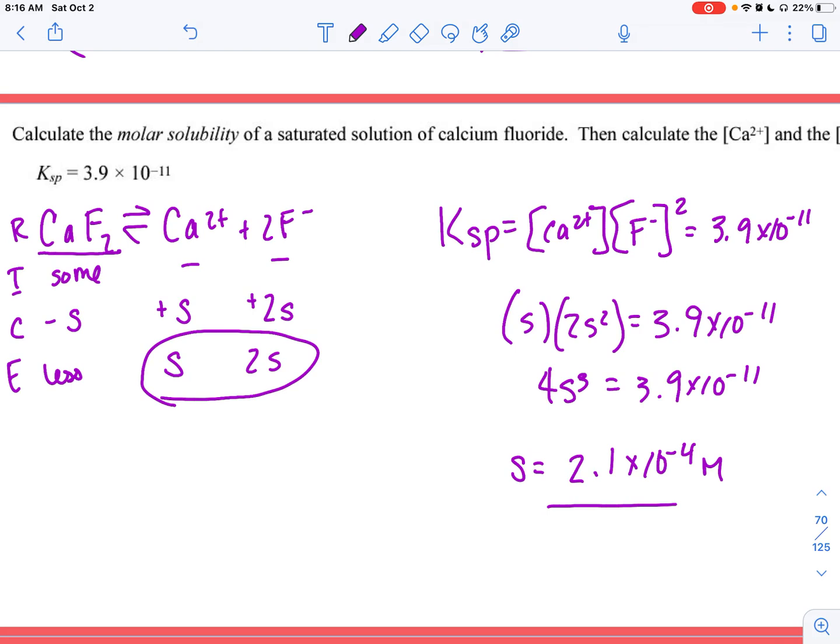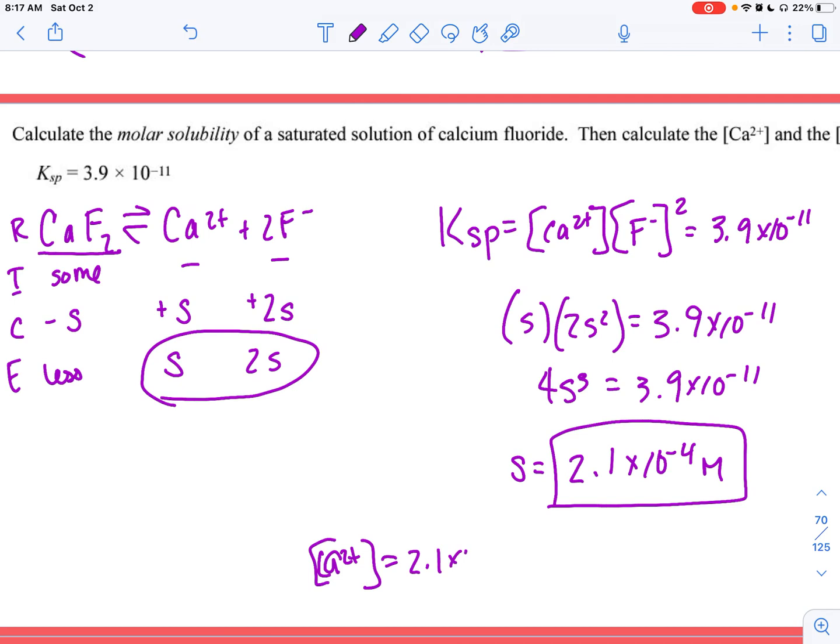So now it asks us to find the concentration of Ca2+ and the concentration of F-. The concentration of Ca2+ is equal to the solubility of CaF2. So if the solubility of CaF2 is this, then so is calcium because they have a 1-to-1 ratio.